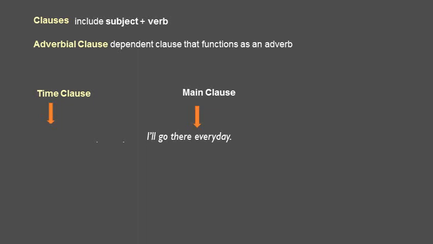Now, if I cover up the main clause and read the time clause, when the new park opens, it is clear that I need more information. I'm asking myself, what will happen when the new park opens? So, the time clause is dependent on the main clause to make sense. So, when the new park opens, I'll go there every day. That is a complete thought.